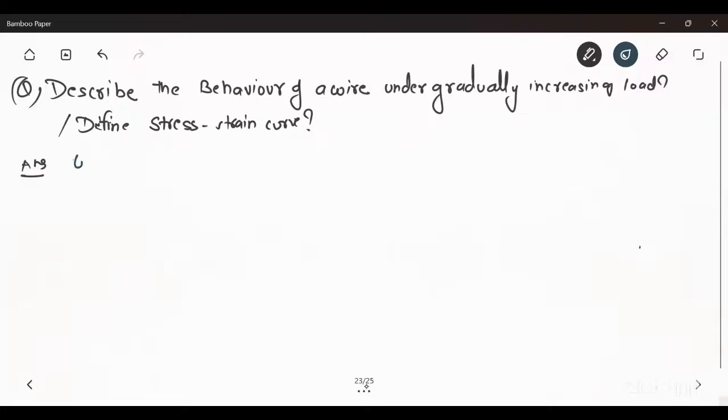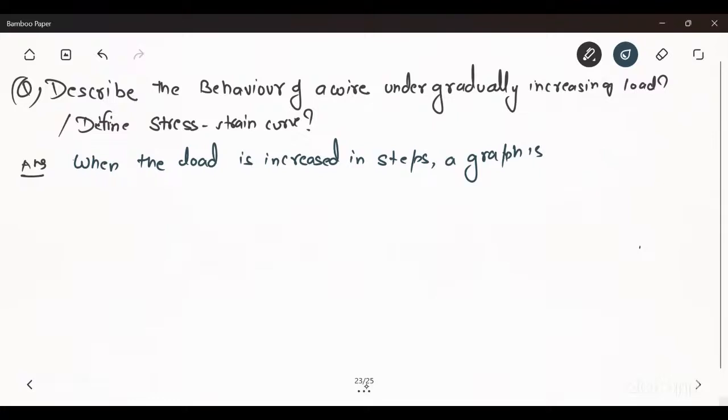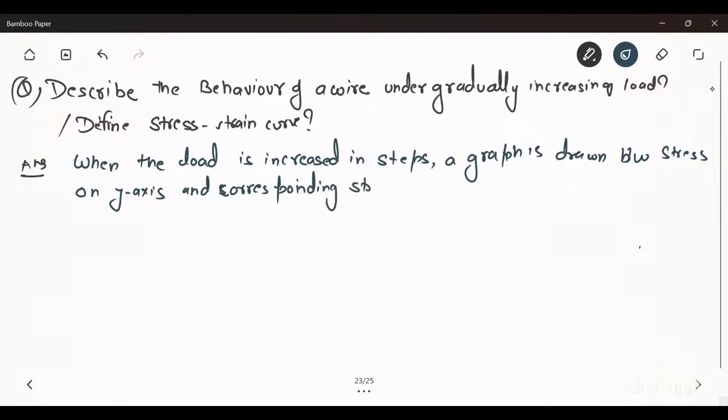When the load is increased in steps, a graph is drawn between stress on the y-axis and corresponding strain on the x-axis.